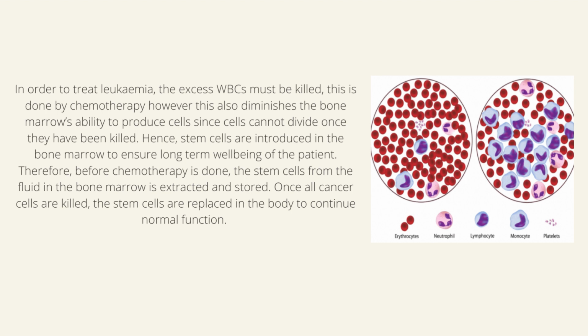However, this also diminishes the bone marrow's ability to produce cells, since cells cannot divide once they've been killed. Hence, stem cells are introduced in the bone marrow to ensure long-term well-being of the patient. Therefore, before chemotherapy is done, the stem cells in the fluid of the bone marrow are extracted and stored. Once all the cancer cells are killed, the stem cells are replaced in the body to continue normal function.